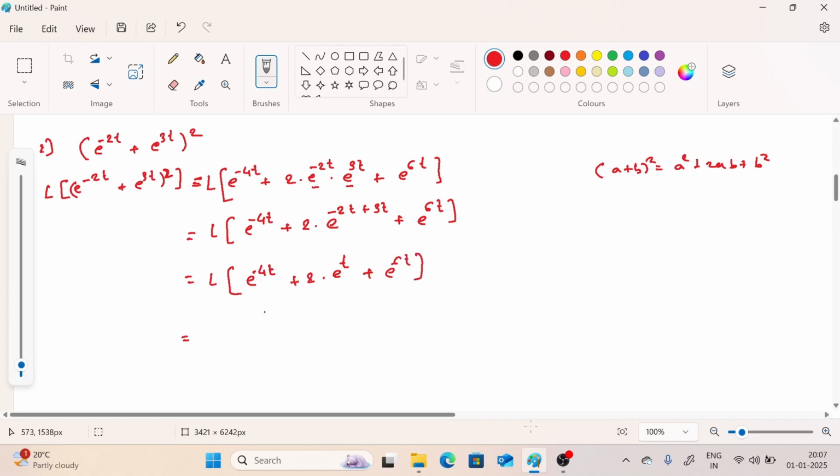Now by using the linearity property, I will separate this: Laplace of e raised to minus 4t plus Laplace of 2 e raised to t, taking 2 as a constant outside, plus Laplace of e raised to 6t. So what do we have?